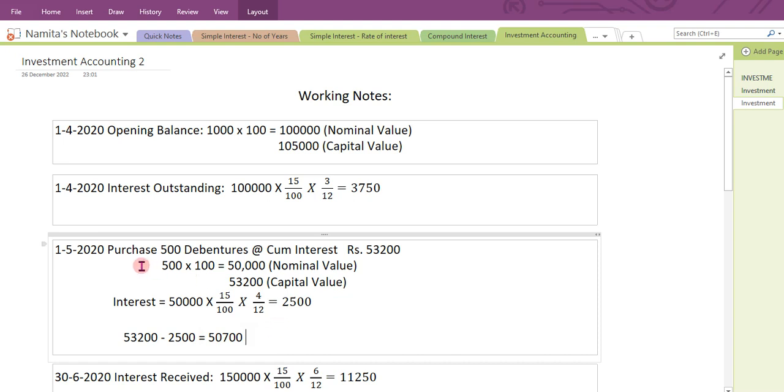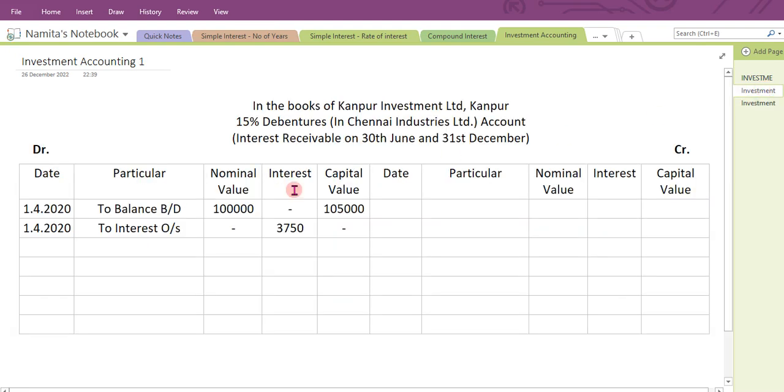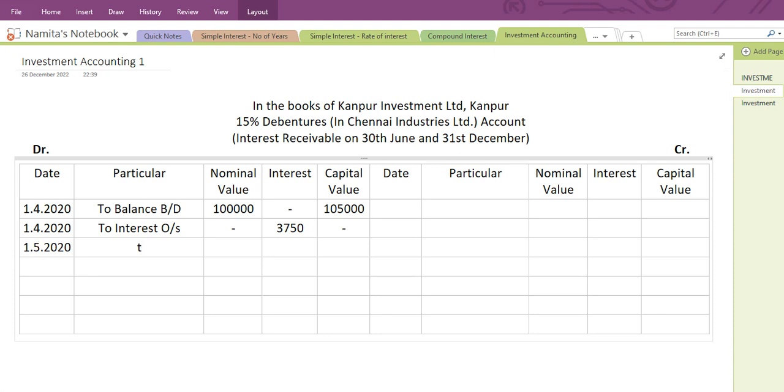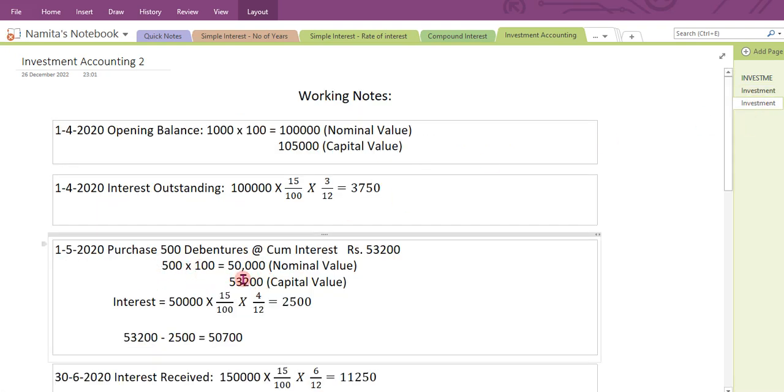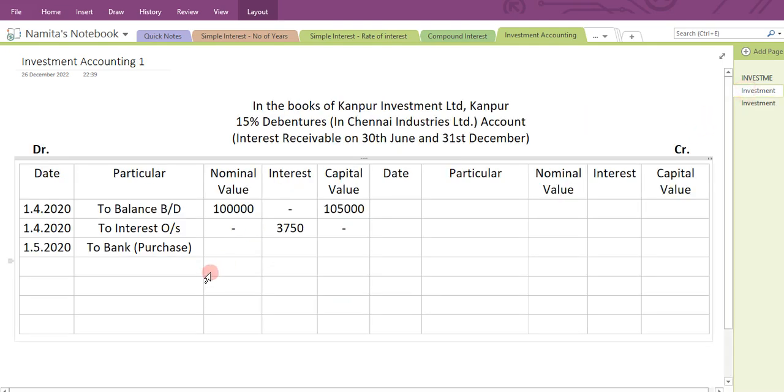Now this entry we have to pass in the debit side, because it is a purchase. So in the debit side, on 1st May 2020, to bank, purchase. How much purchase is there? 500 debentures, so nominal value will be 50,000.